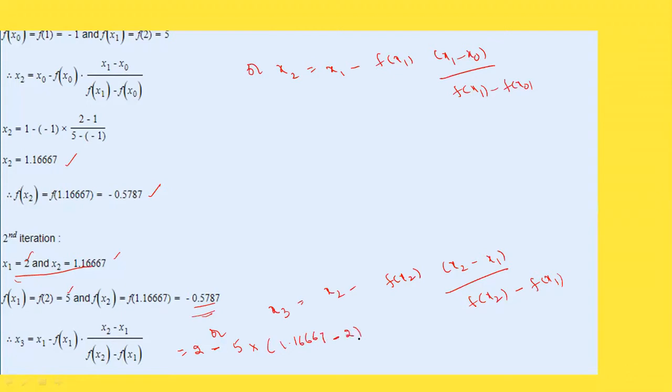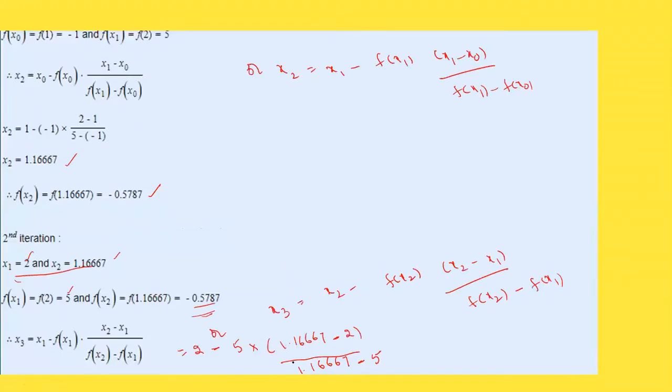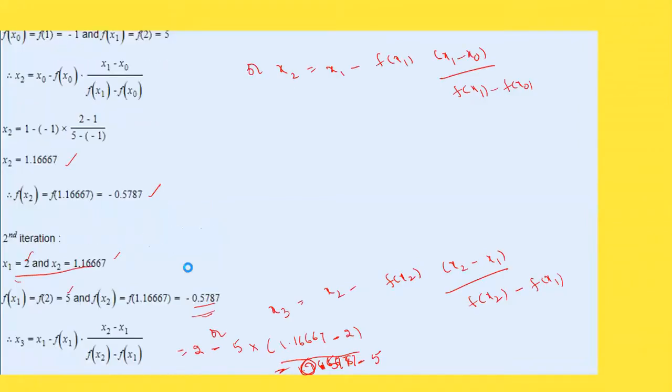Minus x1 is 2, by f of x2, minus 0.5787, minus your f of x1 is 5. Here it is, you see, minus 0.5787 minus 5. So 2 minus 5 into your x2 is 1.1667.